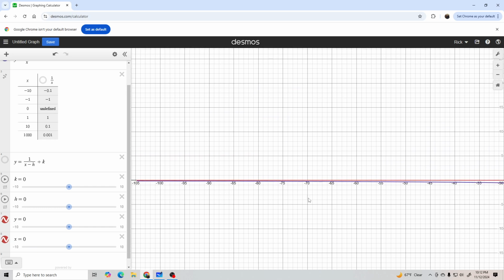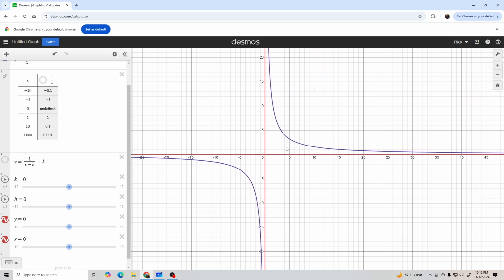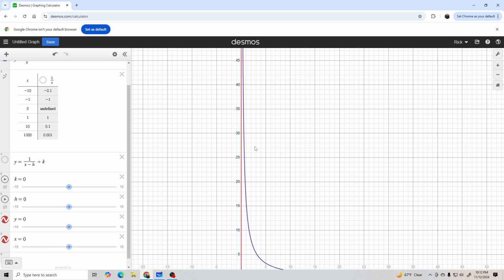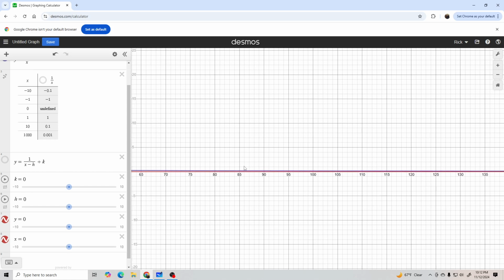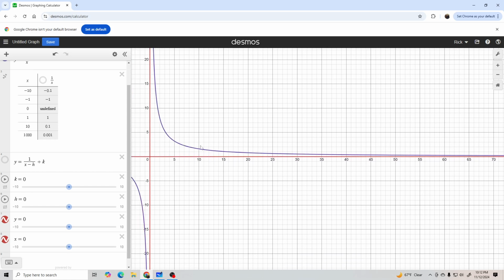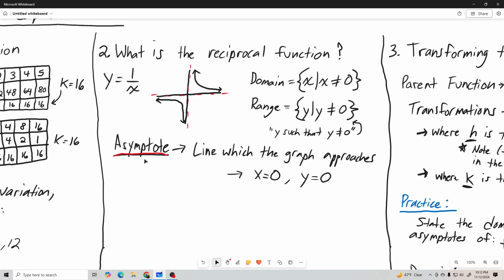The purple is going to keep getting closer and closer, but never touch the red, right? Well, what these red lines are is a concept known as asymptotes. And asymptotes are lines that we can draw to kind of guide us, to show us where our graph is never going to cross. So if we go back here, right, an asymptote is a line which the graph approaches, but you'll notice that the graph approaches it, but it never ever crosses it. So in this case, we have two asymptotes. We have the asymptote x equals 0, and we have the asymptote y equals 0.